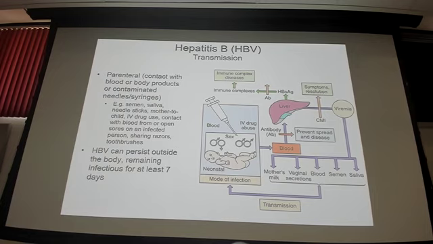This figure has a lot of information in it, but it also kind of hints at some of the immunopathology of hepatitis B infections. So parenteral transmission: virus gets into your system, into your bloodstream, makes its way towards the liver, and then very slow replication in the liver. Some of the significant pathology associated with hepatitis B is immunopathology.